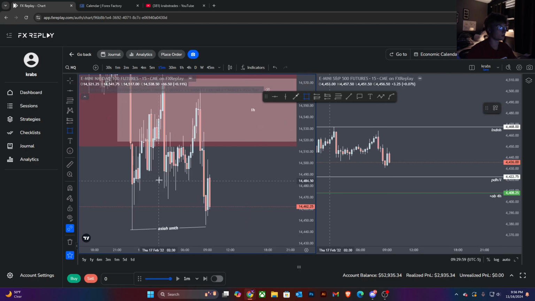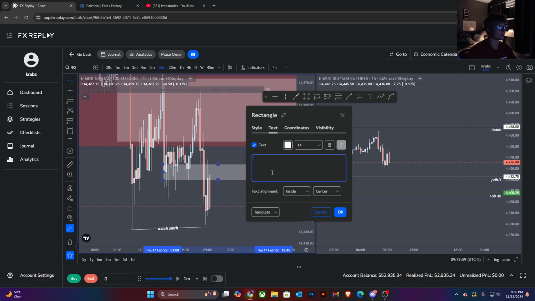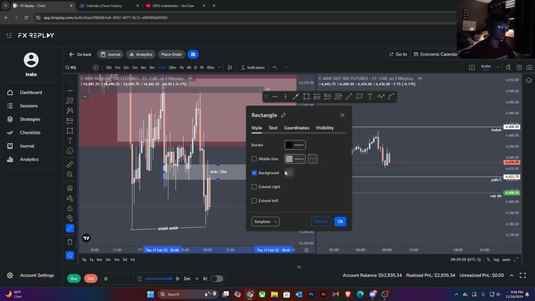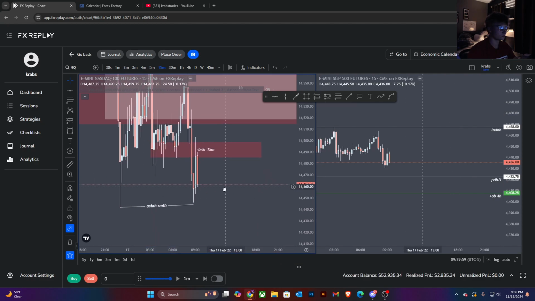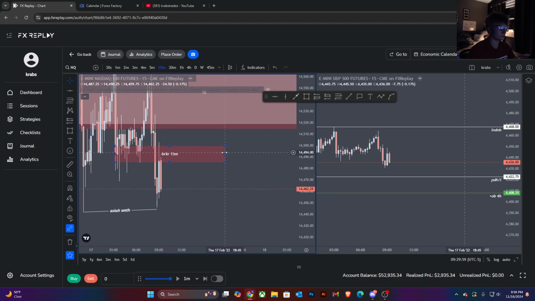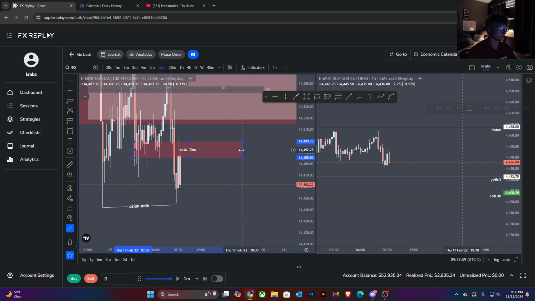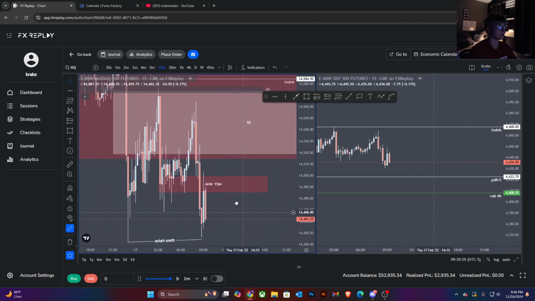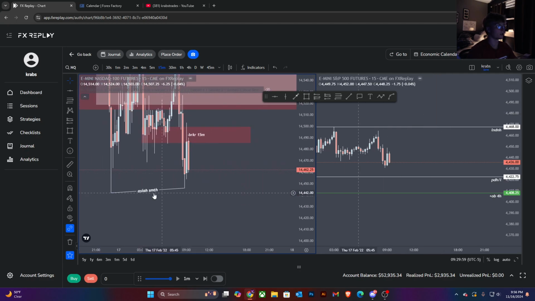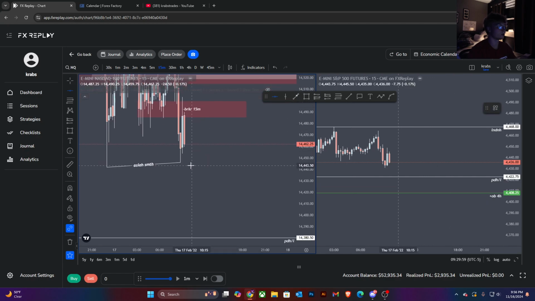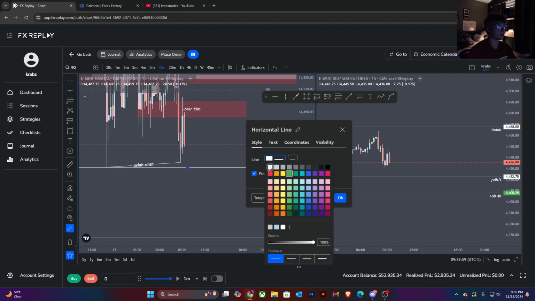Breaker block was already retested as well. So yeah, I do want to still see shorts, even though we have this SMT. Don't really care about it. I still want to see Asia low here get ran on NQ.